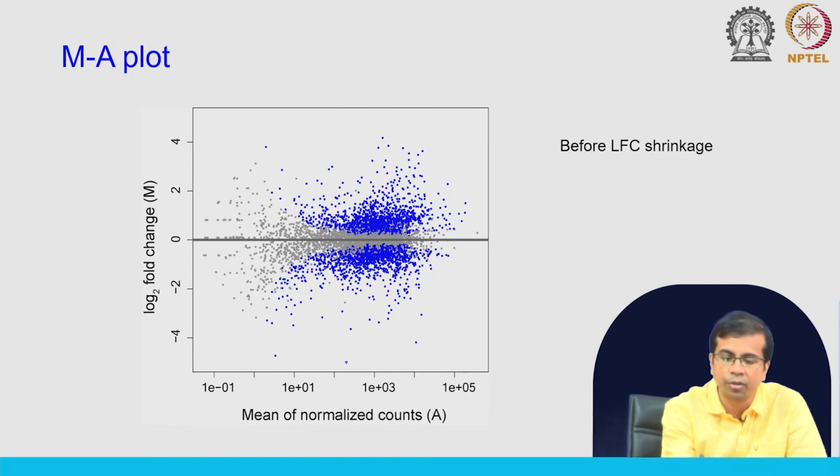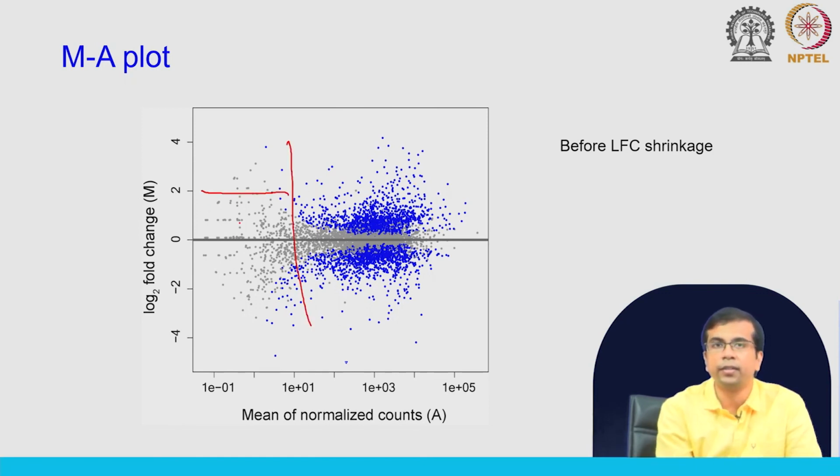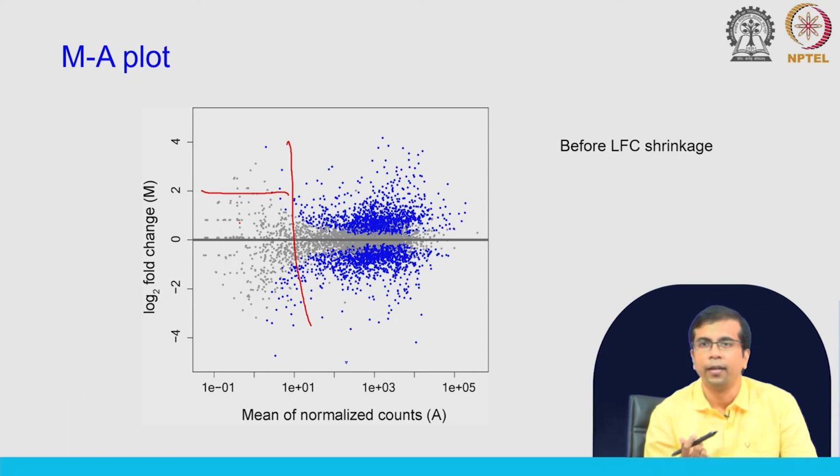For genes that show low mean expression, even though you see the log2 fold change is high here, they are not statistically significant, okay. This is because there is a lot of variation in the data, and because of this variation, when you do the hypothesis testing, the p value is not significant and it cannot identify a statistically significant difference, because the statistical test depends on the variance of the data, right.